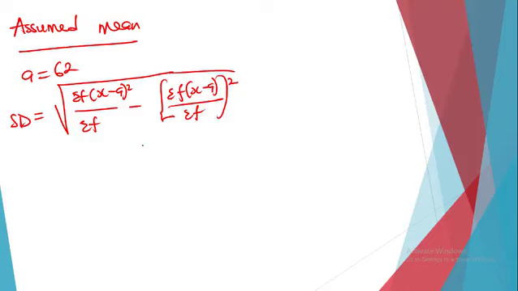Okay, now with this we still need to form a table to be able to derive x minus a and x minus a squared.